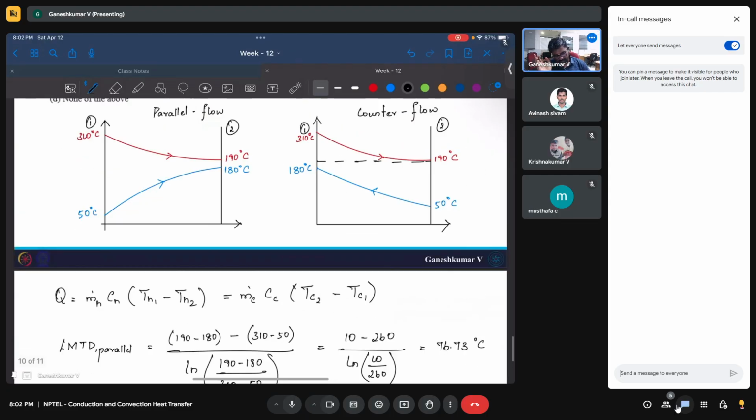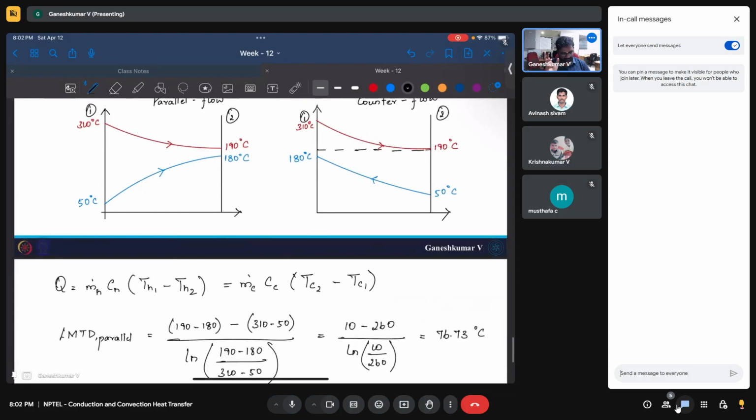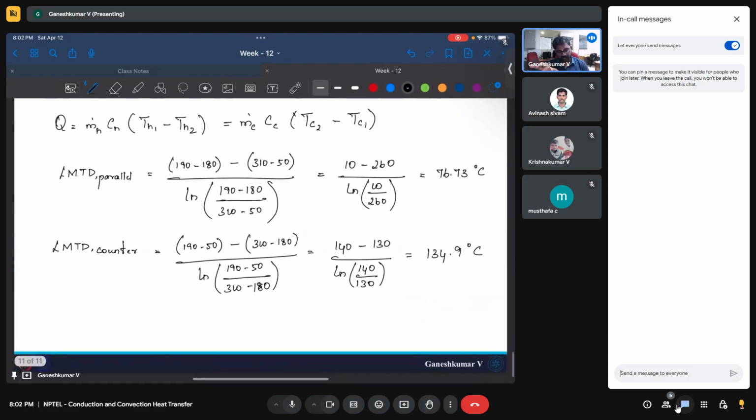Now the heat transfer is the same, but LMTD is different for these two. For parallel flow, it's 76.73. For counterflow, it's 135 degrees Celsius. So what would be the implication of this? We know Q is UA times LMTD.